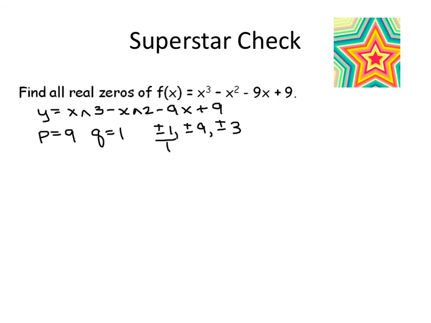So divide them all by the q, and these are all the numbers I'm going to try. I'm going to try a +1 first. If you graphed it, you can just look and see, does +1 work? If it doesn't, there's no reason to even try it. All right, so bring this down, 1, 1, 0, 0, -9, -9, 0.